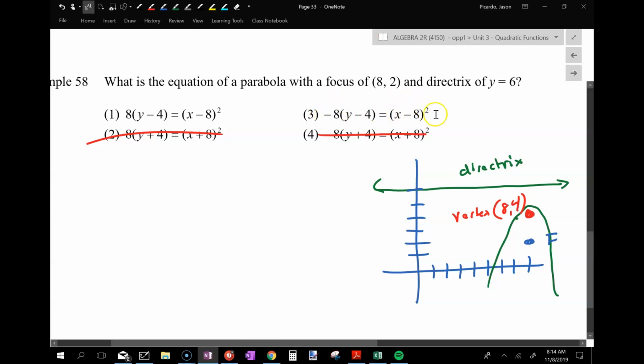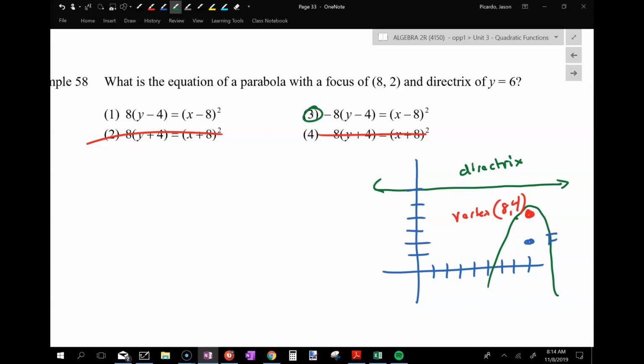So were I to FOIL all this out and divide by negative 8 to get y alone, do you see how the x squared term would become negative? Not to mention the fact, guys, that I could have taken any of these and plugged them into the calculator as a relation to see which one matches that picture. Locus definition, very similar to what we did with the circles, isn't it?